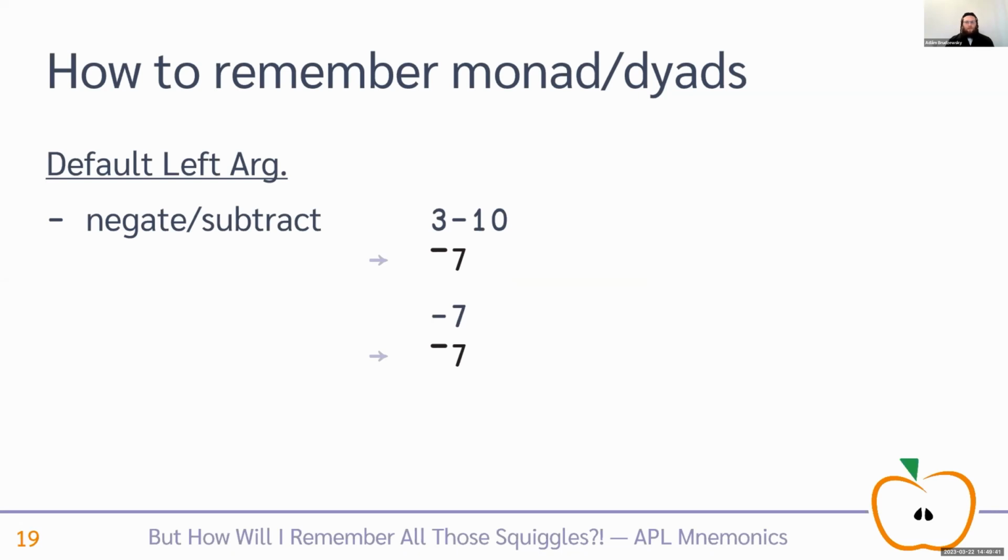And as was mentioned earlier, notice the high minus. It's really important when we have these space-separated lists of numbers to not confuse the function of negation or subtraction with something that's an integral part of the number.